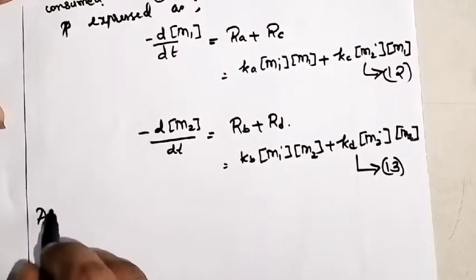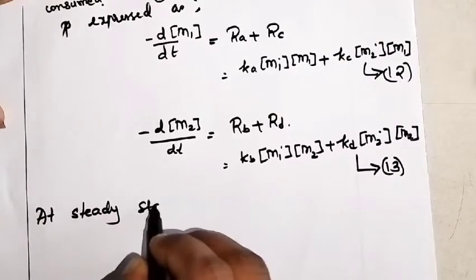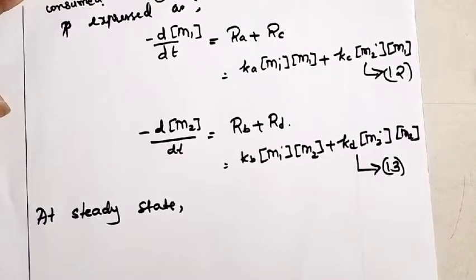Next, at steady state, or at equilibrium, what happens? The rate of disappearance of a particular chain is equal to the rate of formation of that particular chain.